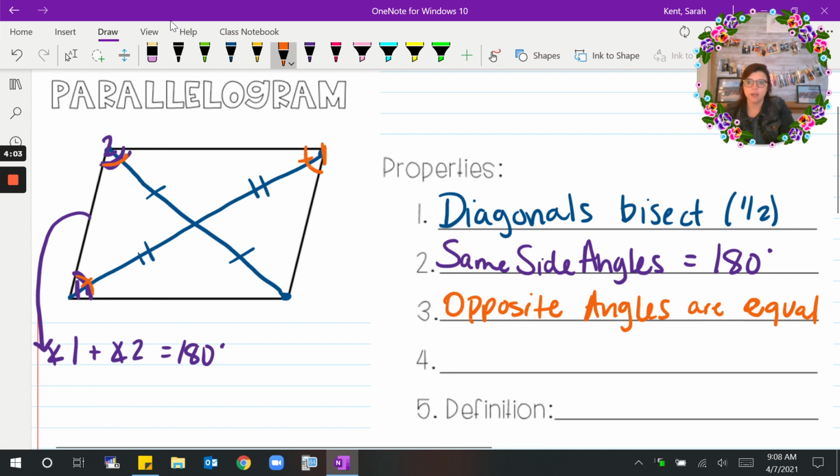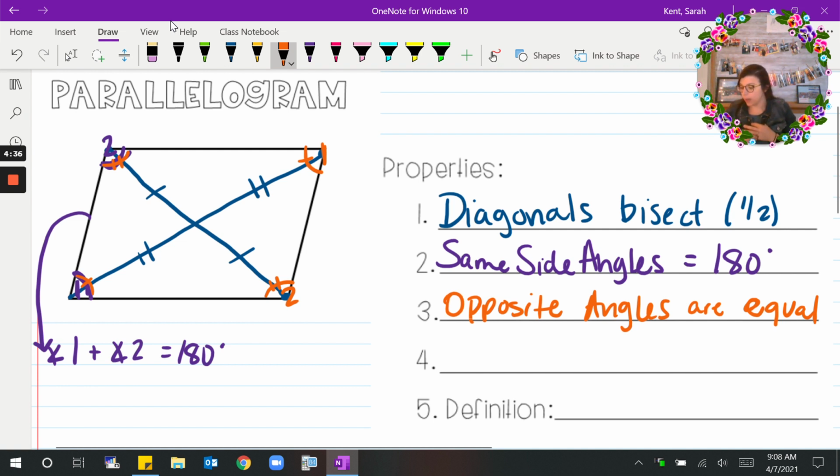If this here is angle 2, across would be another angle 2. They're the same size. So again here I would have a 1 plus 2 on the bottom to equal 180. On the top, 1 plus 2 equals 180. On the side, 1 plus 2 equals 180. So all of those same sides would equal 180 if you add them.